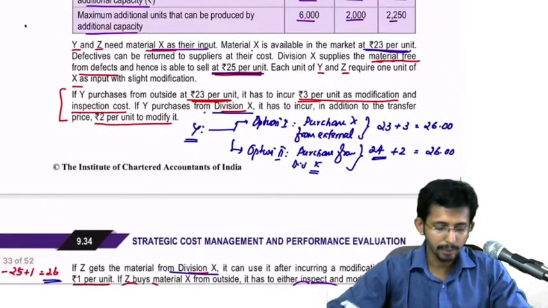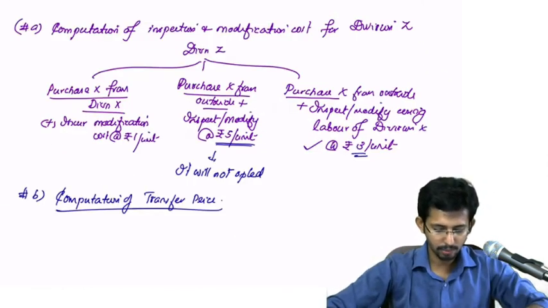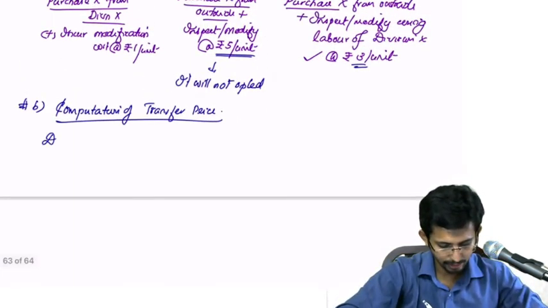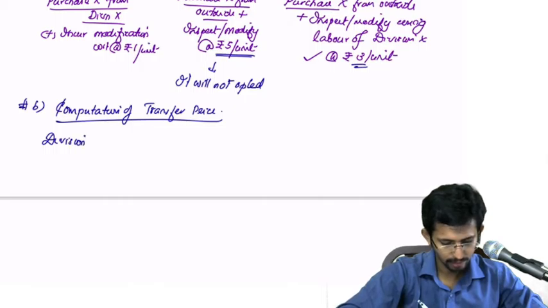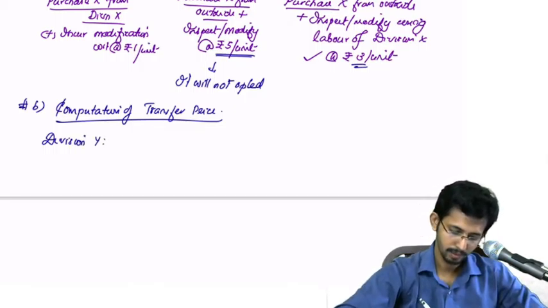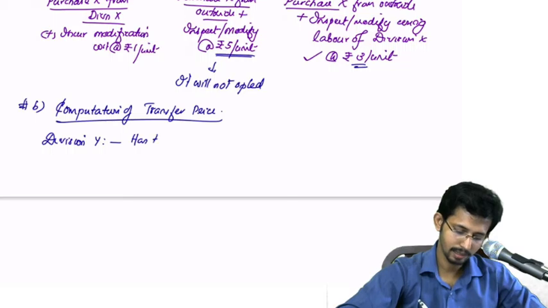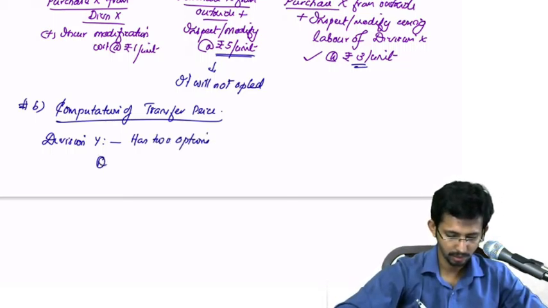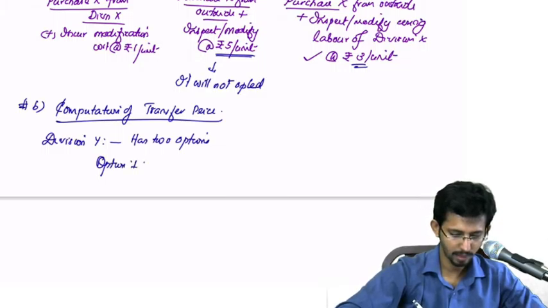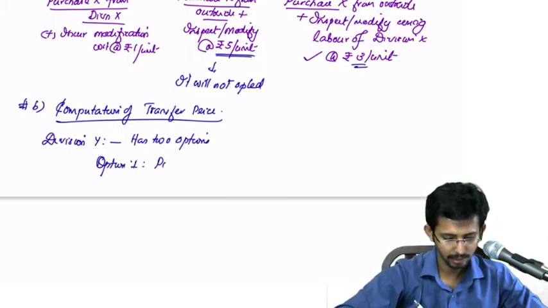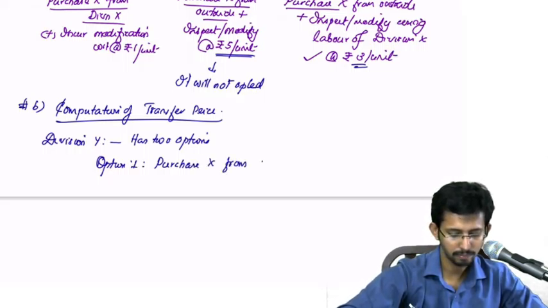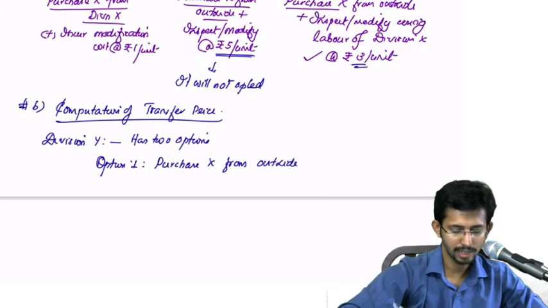Okay, so computation of transfer price. You can write, in case of division Y, division Y has two options. Option 1 is to purchase X from outside vendors.